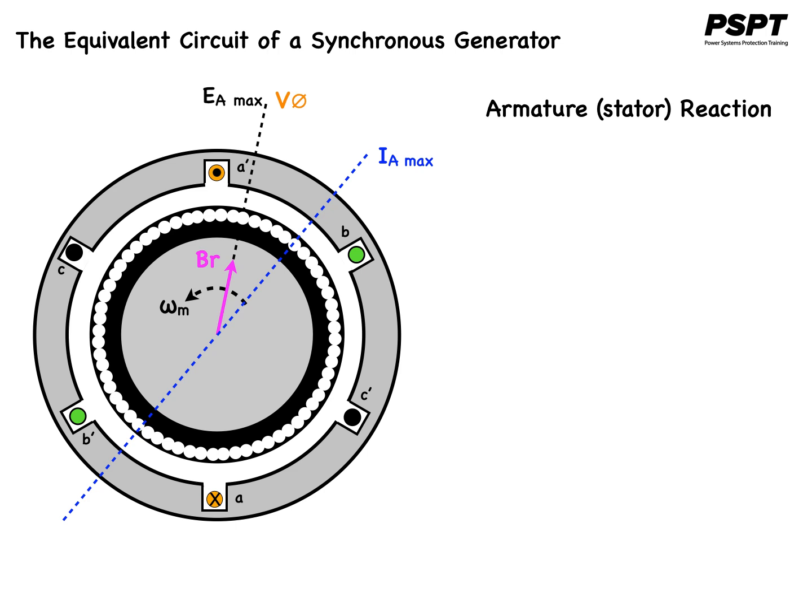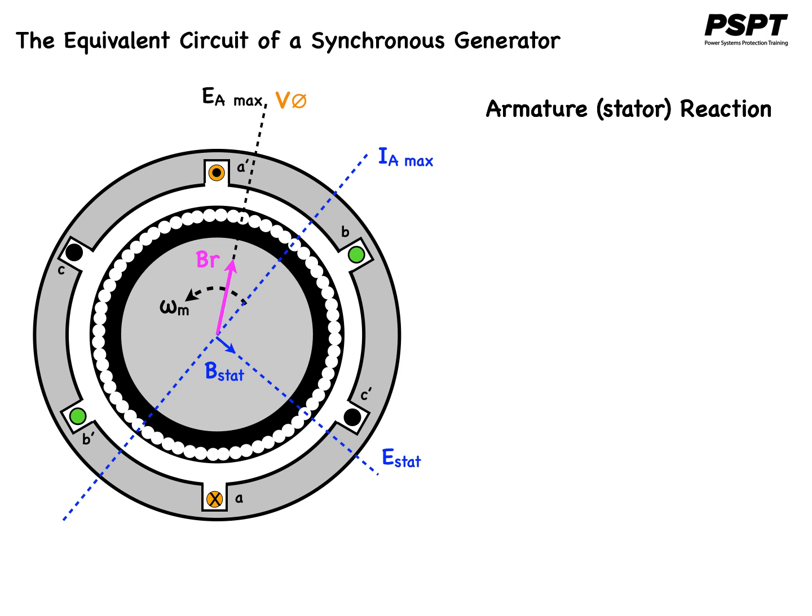This stator magnetic field, we will call it B stat, has its direction given by the right-hand rule to be as shown. The stator magnetic field B stat produces a voltage of its own in the stator, and this voltage we will call E stat.